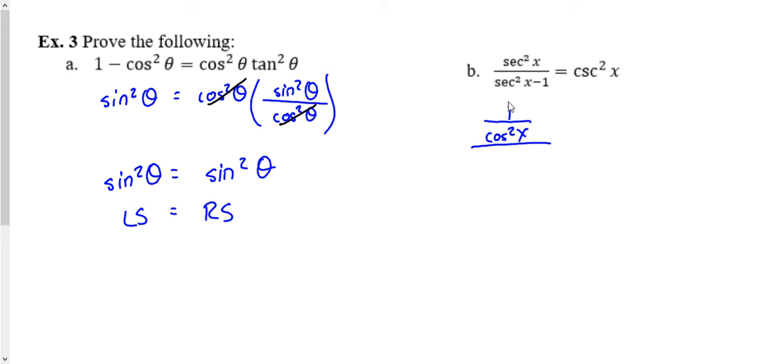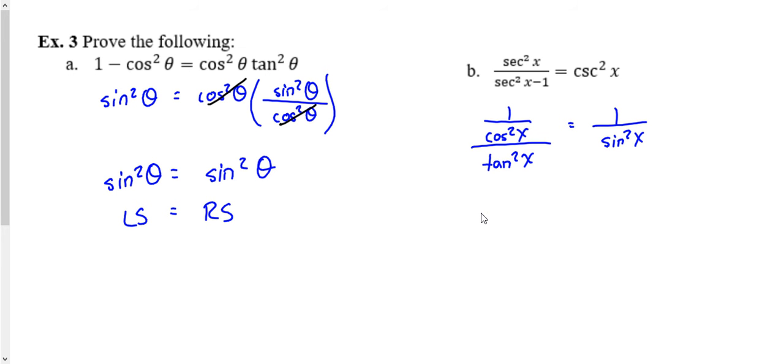Well, that is one of our trig identities. That secant squared x minus 1 is the same thing as saying tangent squared x. Okay, and over here on the right side, I'm just going to change that cosecant into 1 over sine squared x. Okay, and again, I just did that one quick switch there, and that's okay. We can switch if we need to on both sides, but again, just one switch there.